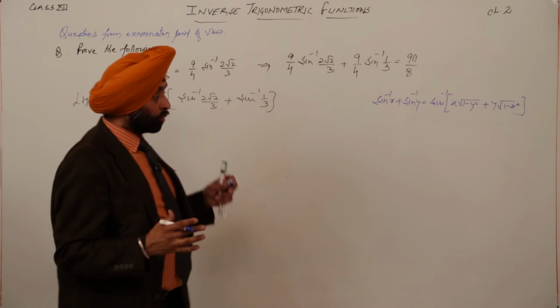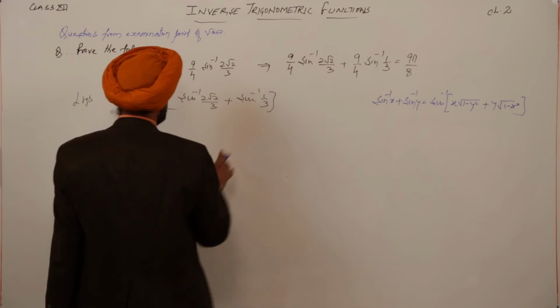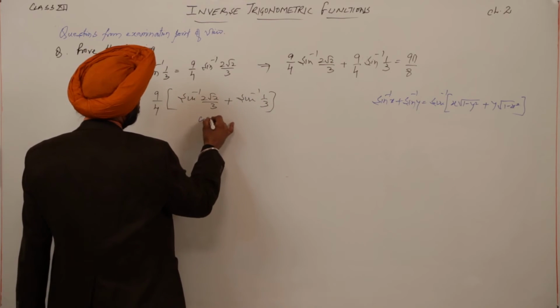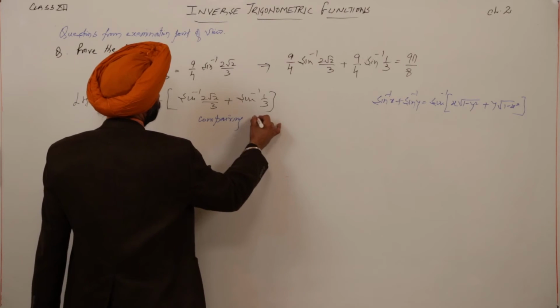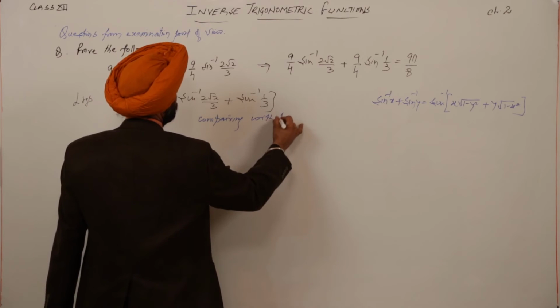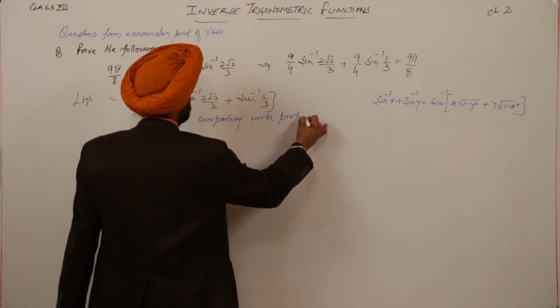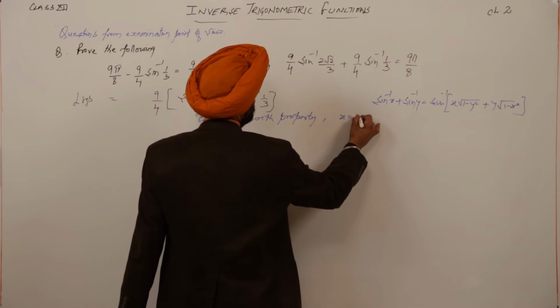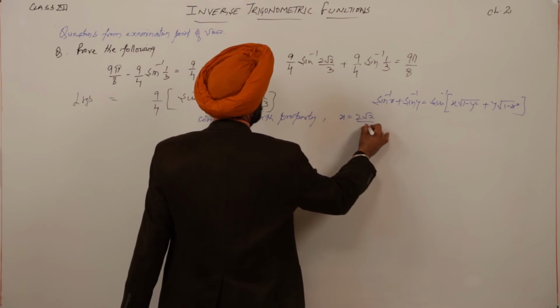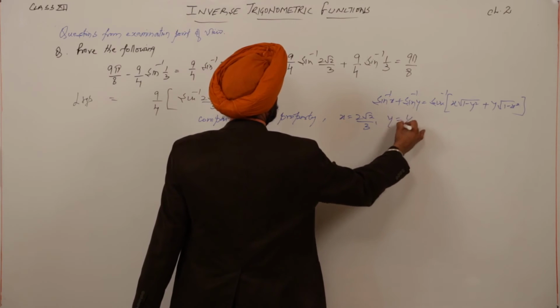So now this property we are going to use. Now comparing with the property, what we got, x is equal to 2 root 2 upon 3 and y is equal to 1 by 3.